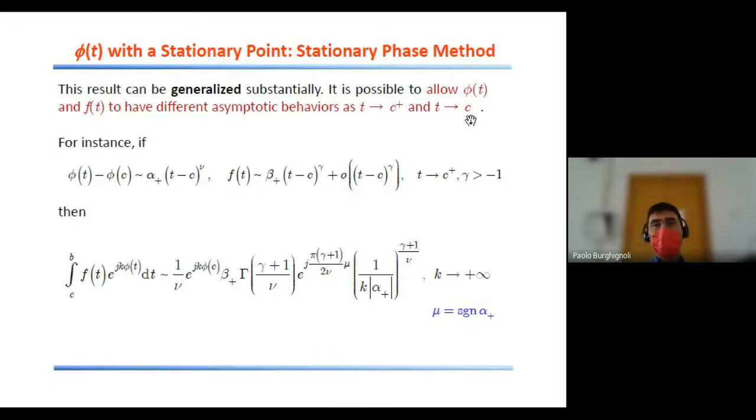For example, if you have behavior that involves alpha plus and beta plus as coefficients, and nu and gamma as exponents, respectively for phi and for f, then the contribution to the Fourier integral of the right part of the integration range, so when you integrate from c to b, is given by this kind of generalized formula, similar to the previous one, but now involving both the exponents nu and gamma, in this instance alpha plus and beta plus.